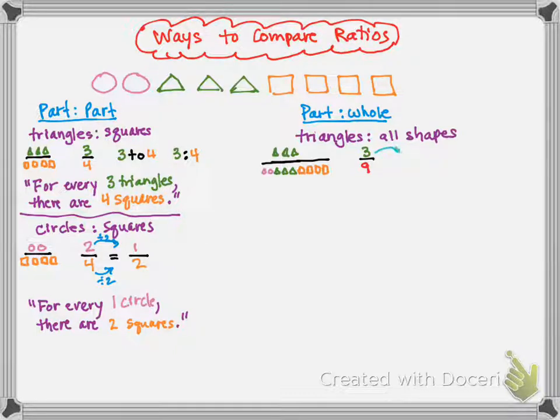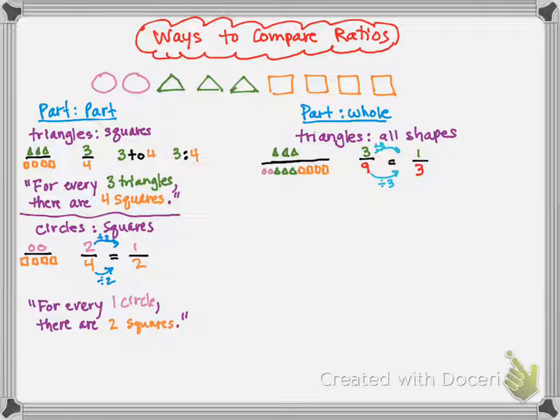So this direction, top and bottom, I'm going to divide by 3. I know that's kind of hard, but you can see it at the bottom, so you can see what I'm doing. So 3 divided by 3 is going to give me 1, and 9 divided by 3 is going to give me 3. Okay?